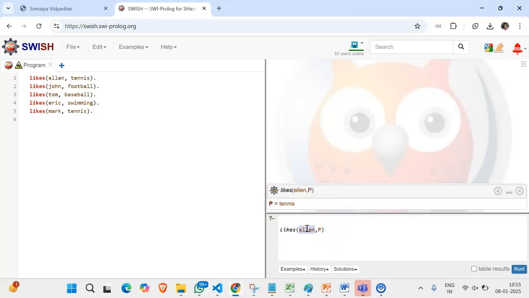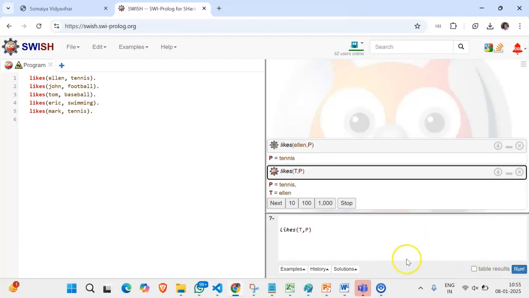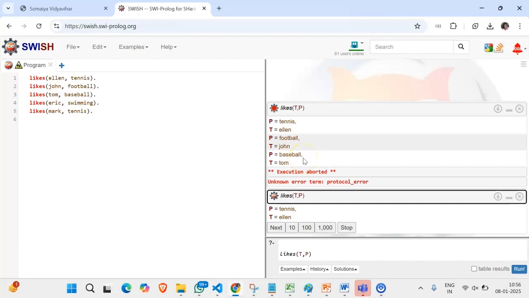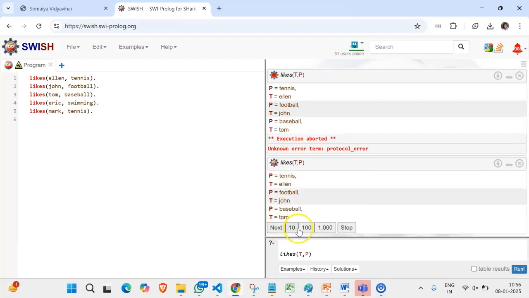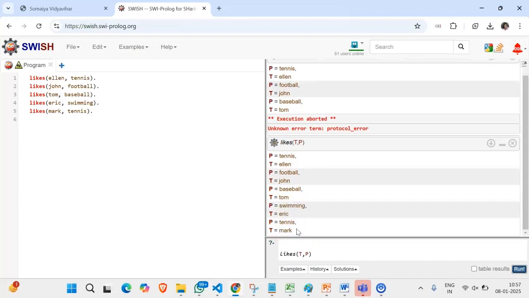What if I'm interested in knowing all the interests of all the people who are expressed in the program? Then I can use variables and accordingly I can get the answers. Okay, so this is how I can get all the answers.